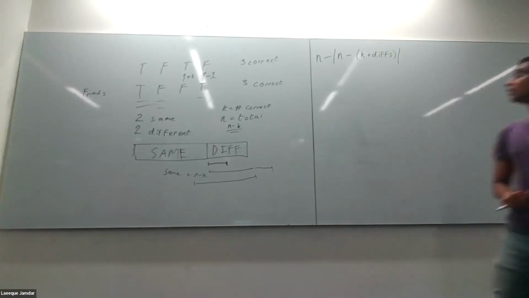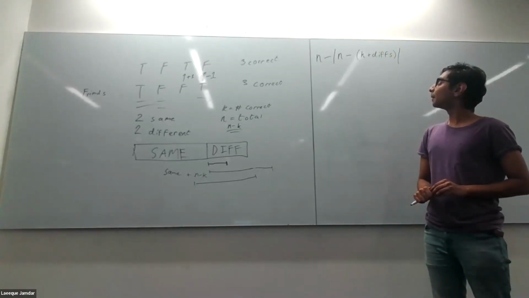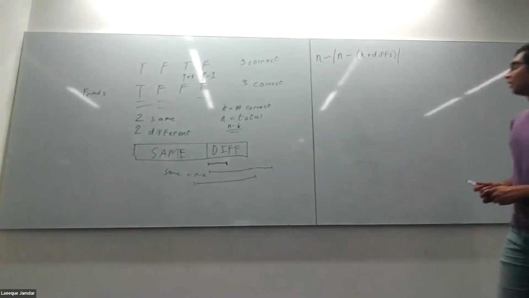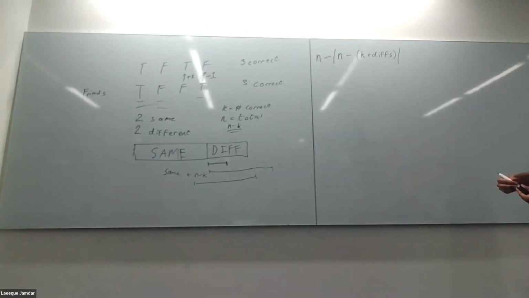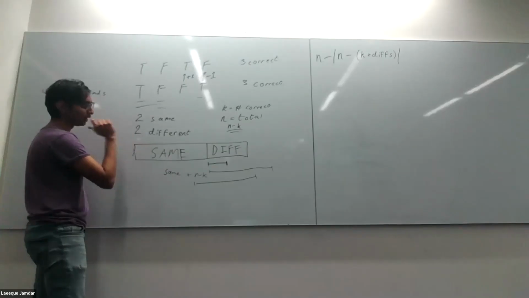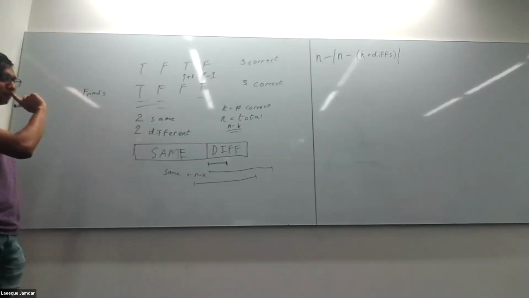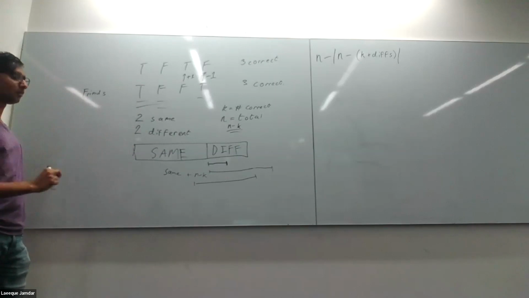So what this looks like is... Read the box. Wait, actually, K is the number. Unmuted. Yeah.